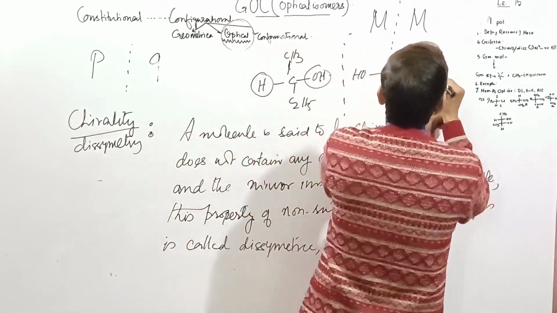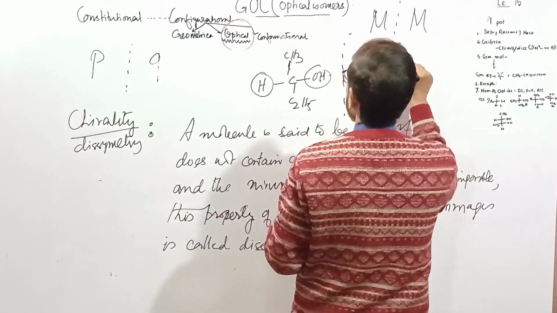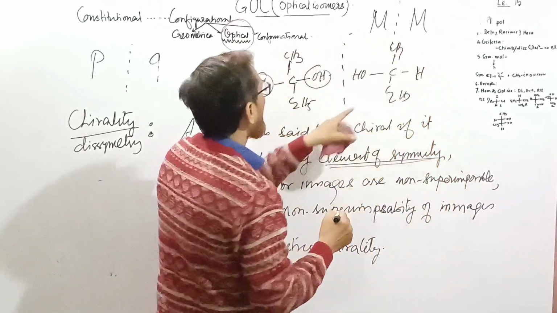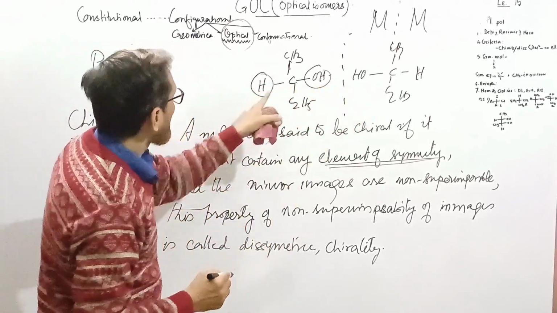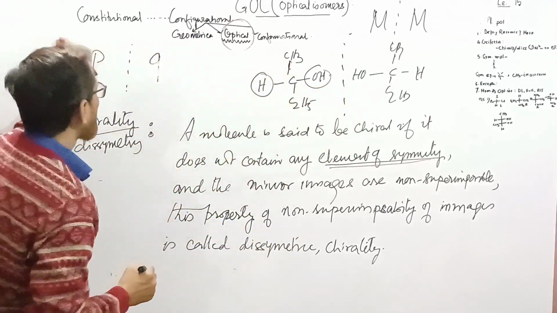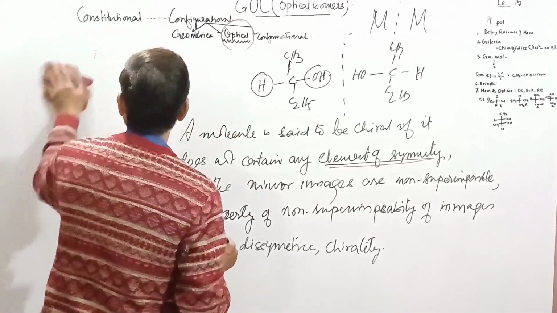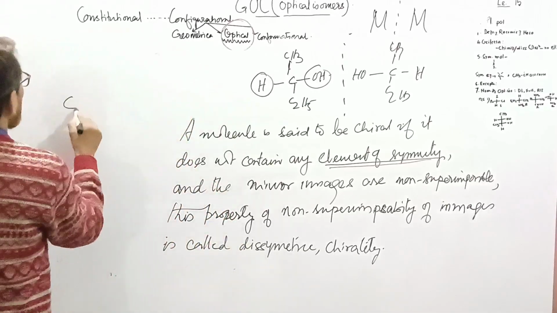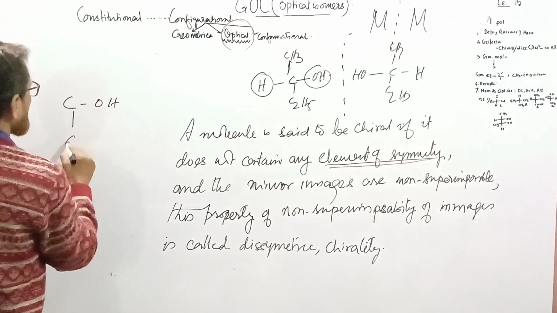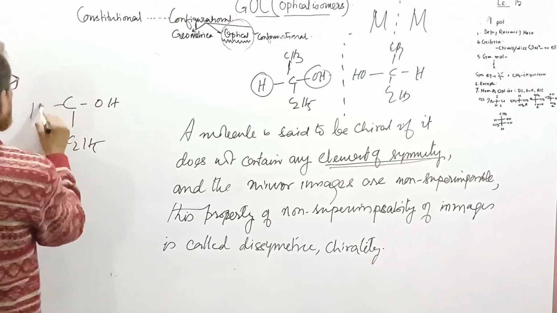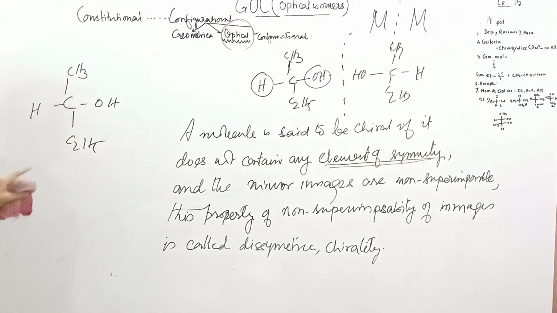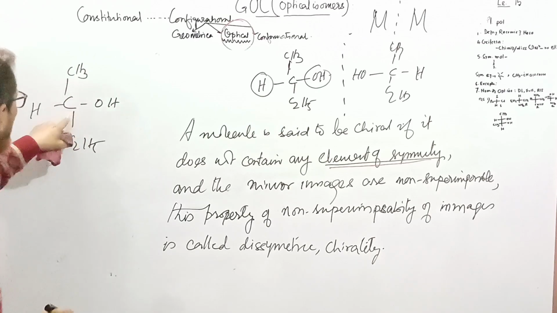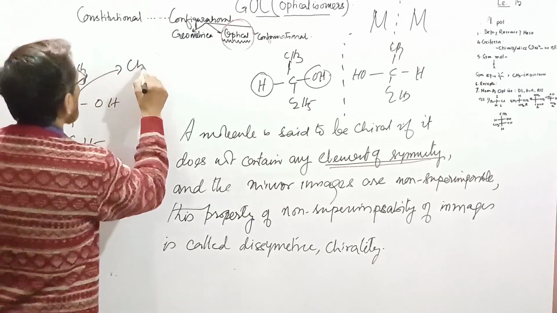Am I right? This is the change in the mirror image, and these two will remain the same. So now you can't place it over this one exactly; these two are mirror images. Now this compound is called chiral because it does not have any element of symmetry, and this is a chiral carbon.